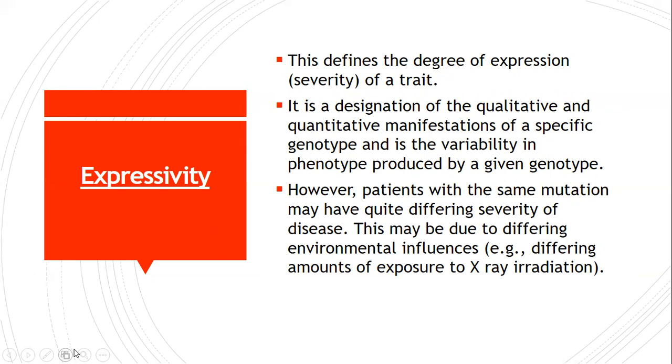For example, one person is exposed to X-ray radiation and the other person is not. One person is an outdoor worker and the other person is not. So the person who is more exposed to the environmental influence will express the gene more as compared to the other individual.